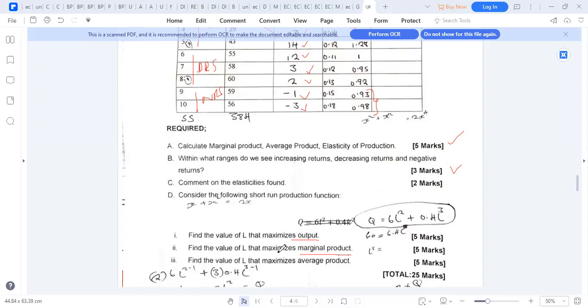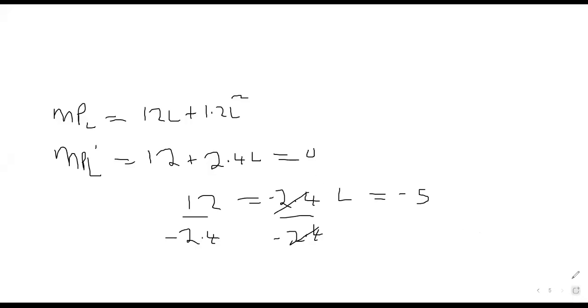Okay. Then find the value of L that maximizes the average product. So let's find the average product. Average product is simply Q over L, the average product of labor. Then we differentiate it.